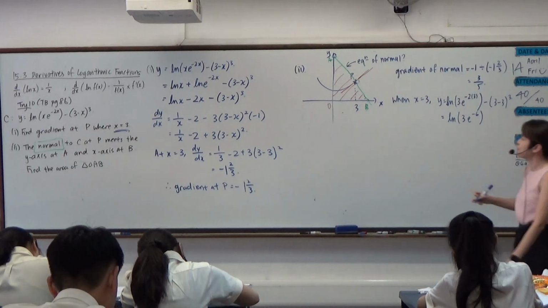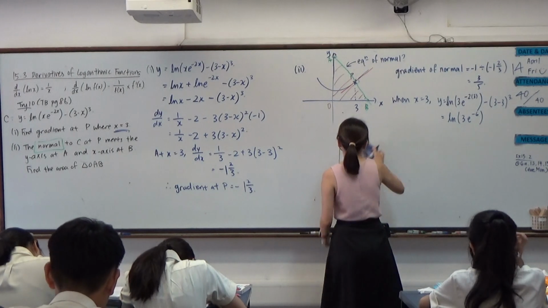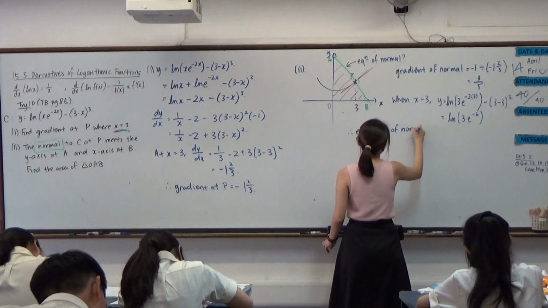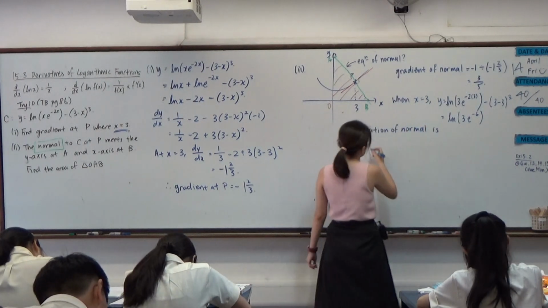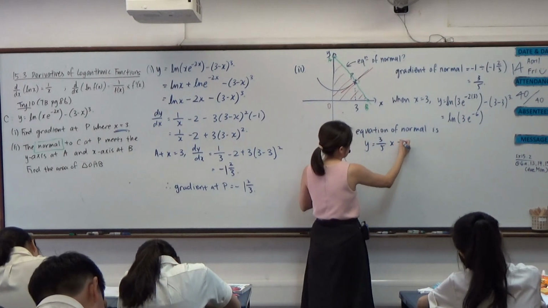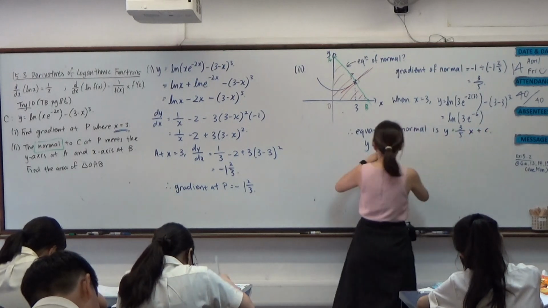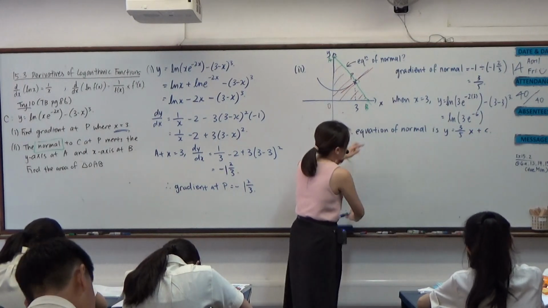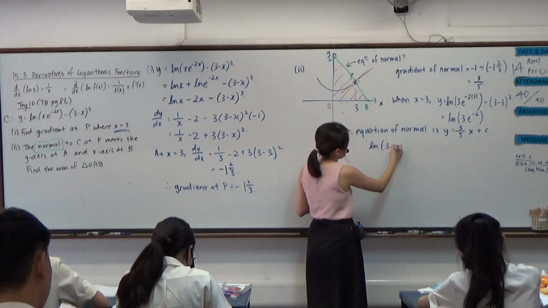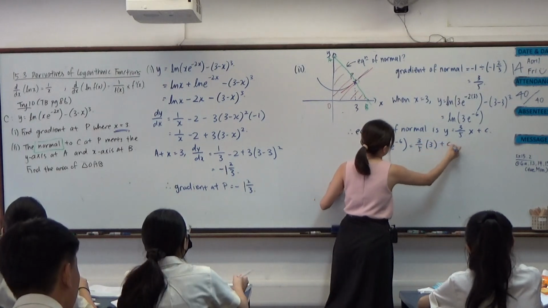Okay. So therefore, the equation of the normal would then be y equals mx plus c, y equals 3 over 5 x plus c. Using the point that we have about P, that will be ln 3 e to the negative 6 equals 3 over 5 times 3 plus c.